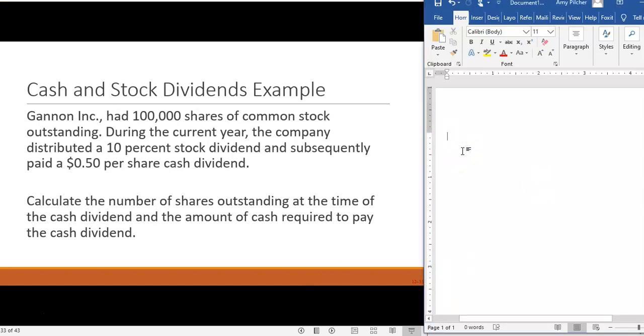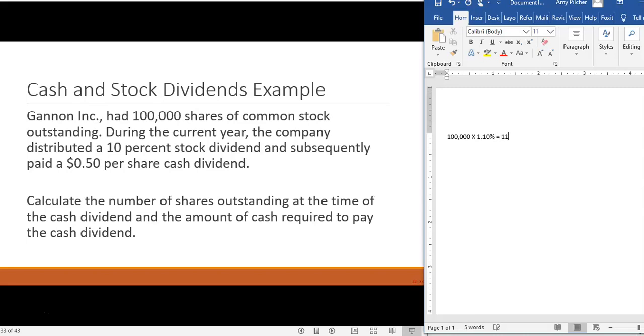Well, if we had 100,000 shares before the dividend and we issued a 10% dividend, when we want to know how many total instead of just how many additional, we're going to take it times 1.10.